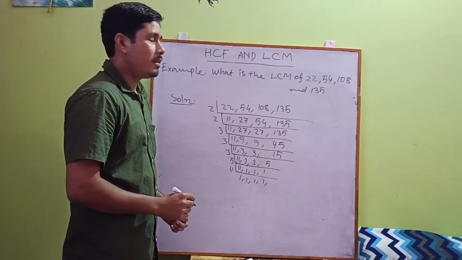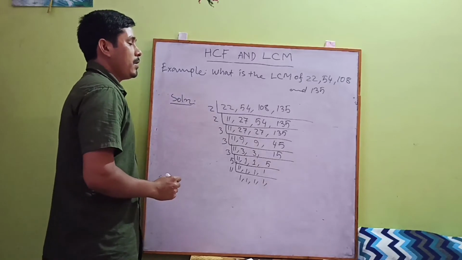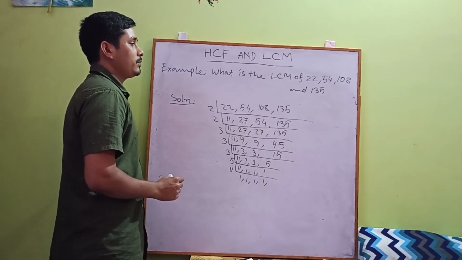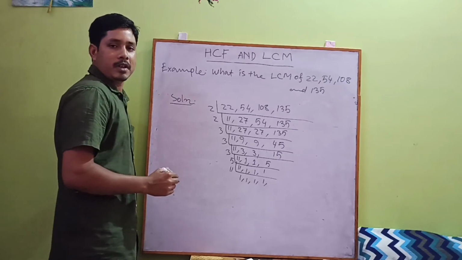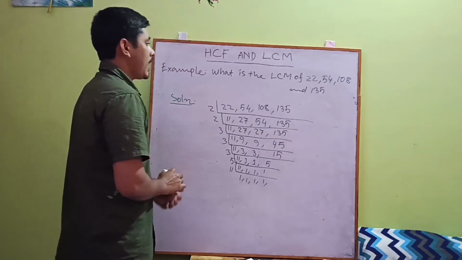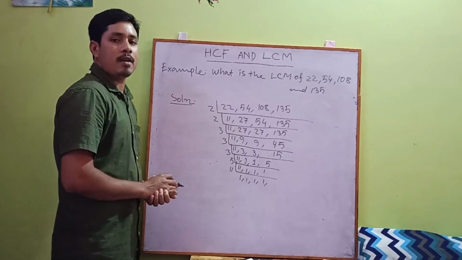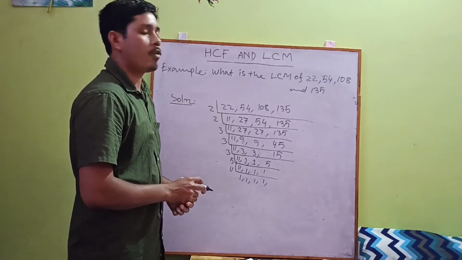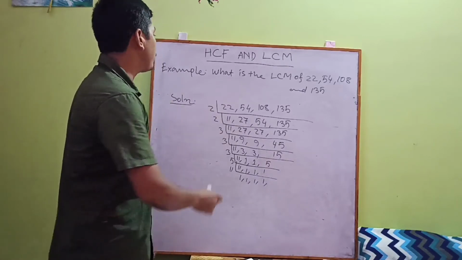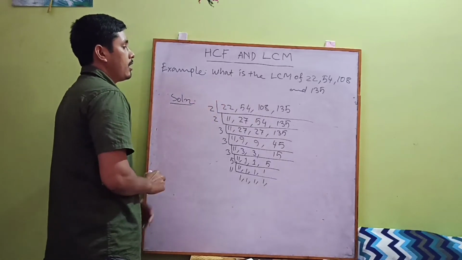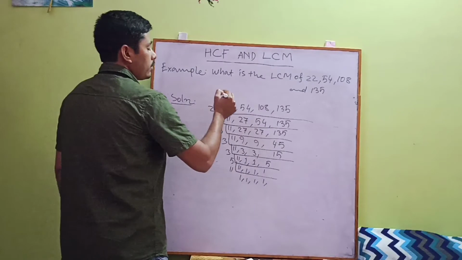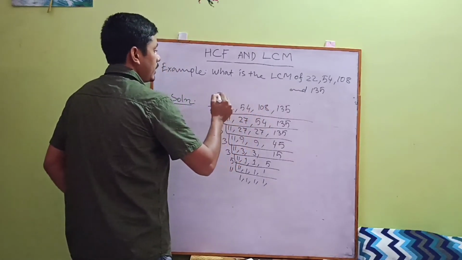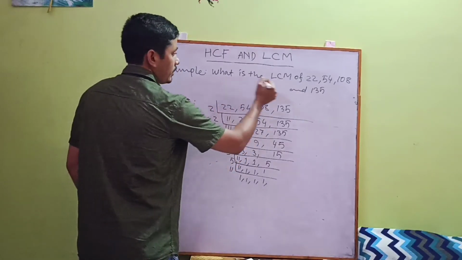Is it clear? Already we have learned how to find the LCM of two numbers. Now I am going to explain how we find the LCM of more than two numbers by the following example. It is explained with this example.